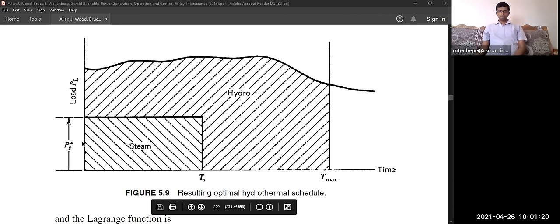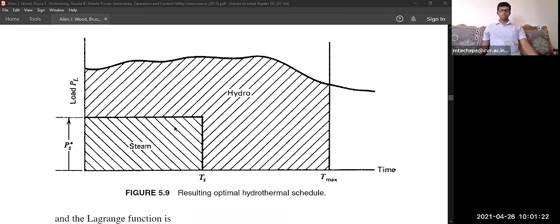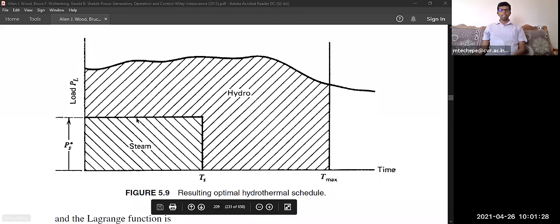The rest, 16 hours plus 8 hours, the 8 hours is being generated by the steam power plant alone.